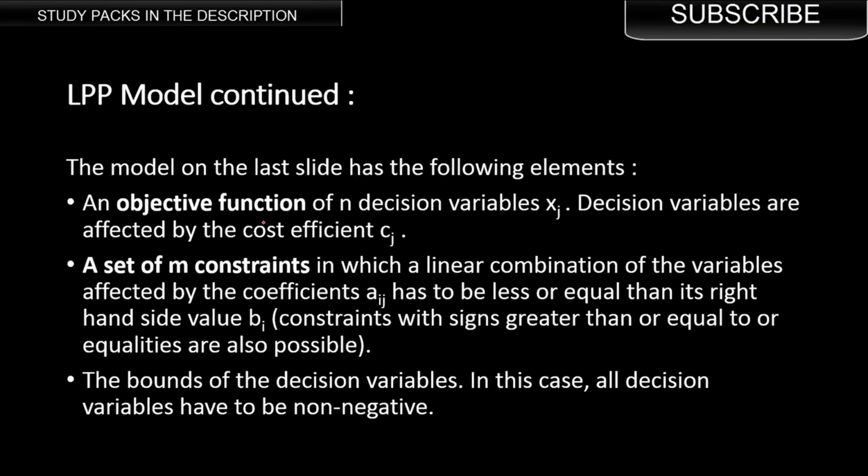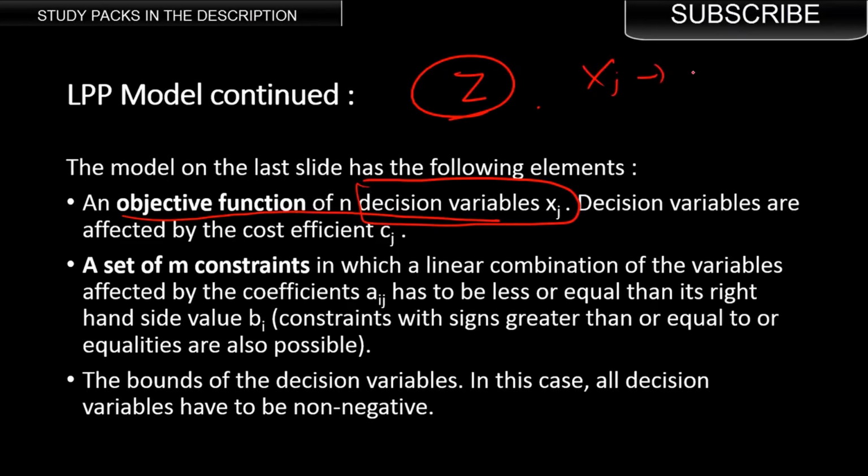Okay, so just trying to understand what these variables are in the previous slide. Objective function, what we have seen is nothing but g, that is a combination of decision variables x. Okay, so x are decision variables.